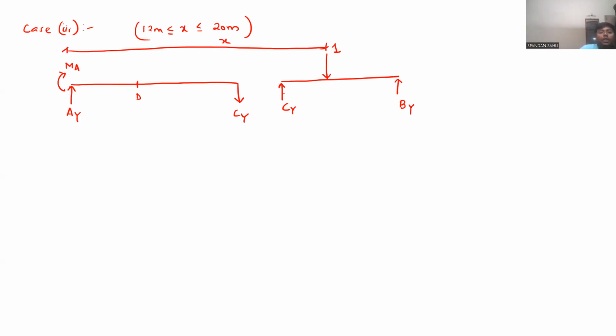Now, what you can write here: again apply equations of static equilibrium, summation of moment about point C equal to 0, from the right hand side.